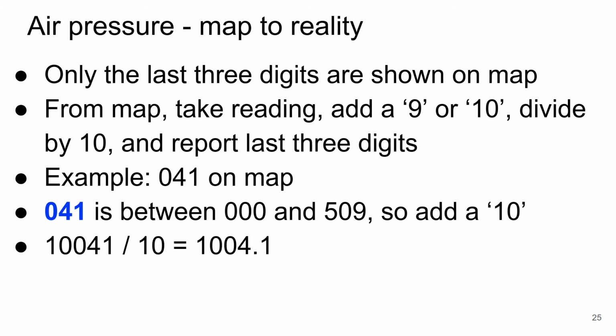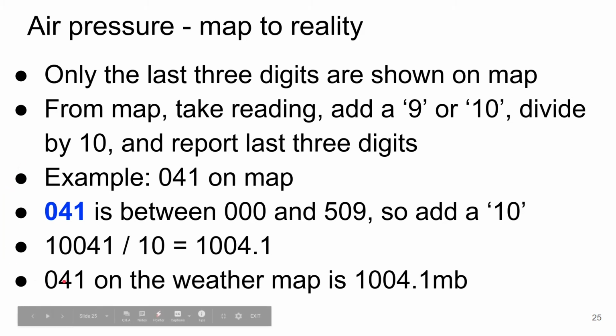So now we've got 10,041. Divide that by 10, you get 1004.1. So 041 on the weather map is actually 1004.1 millibars. Again, the last 3 digits are shown, so that would be 041. There's your 041. Stick a 10 in front, divide by 10, you get 1004.1 millibars.